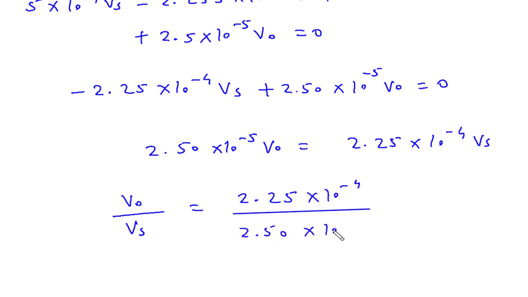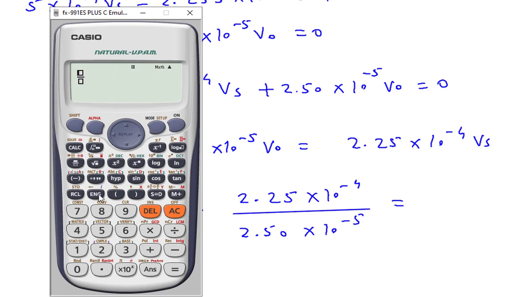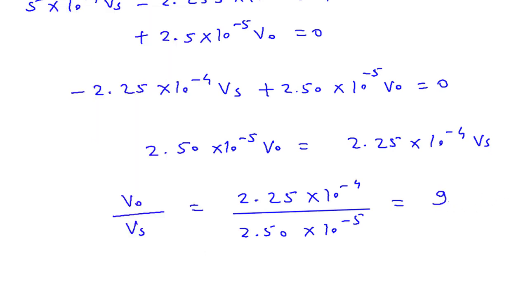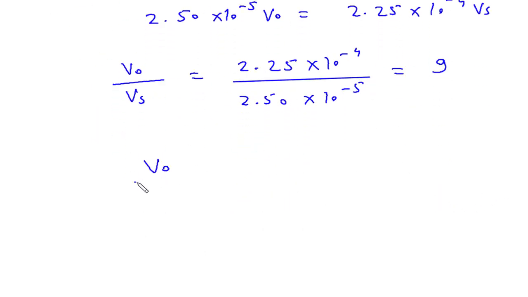So 2.25 into 10 to the power minus 4 divided by 2.50 into 10 to the power minus 5. So this is exactly 9. So VO by VS is equal to 9.